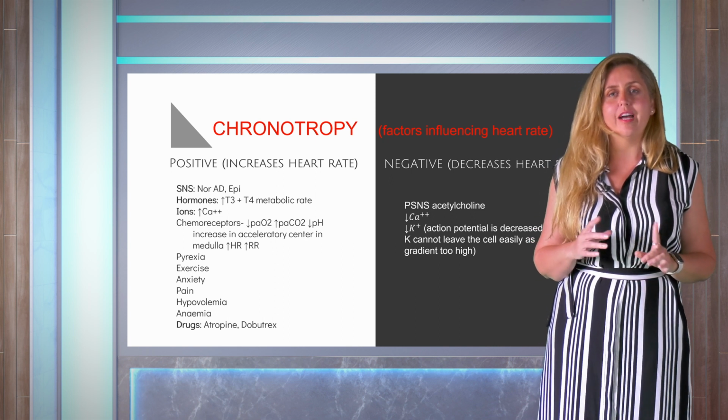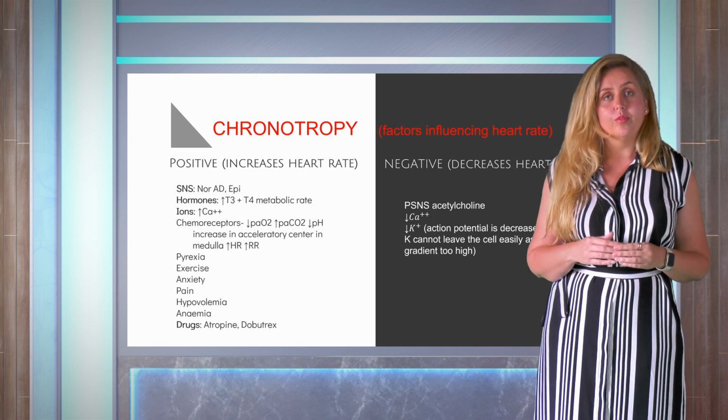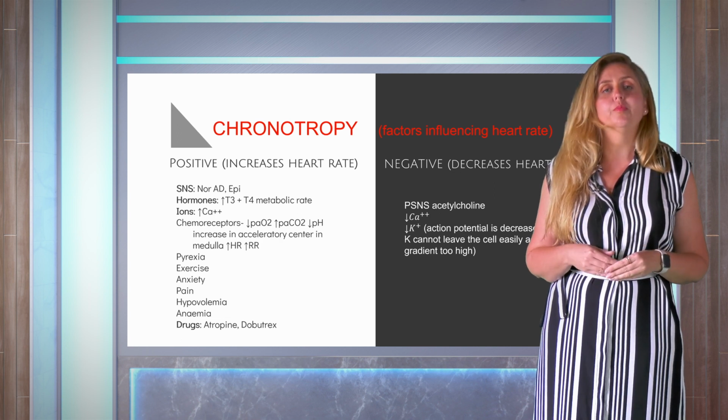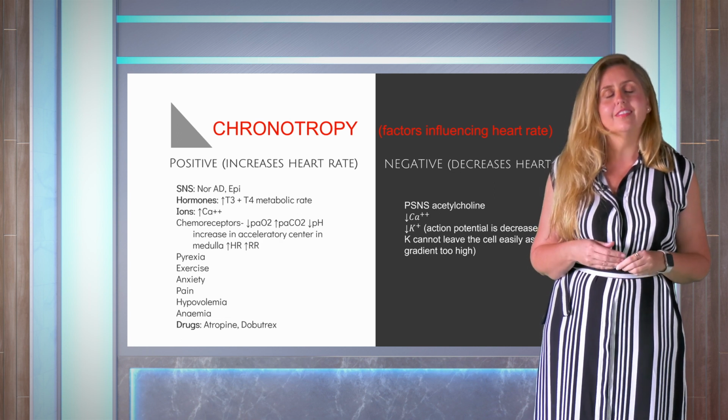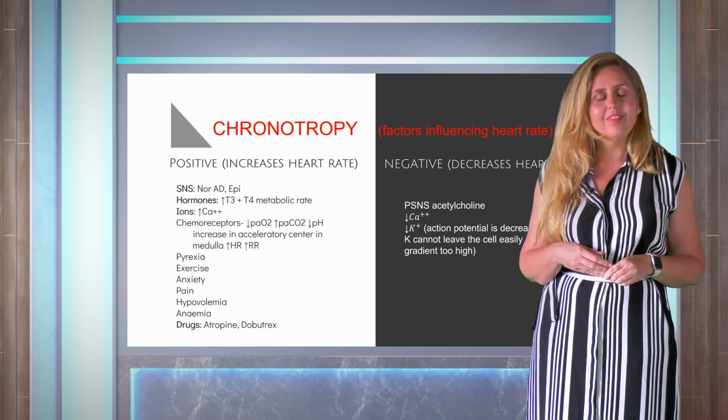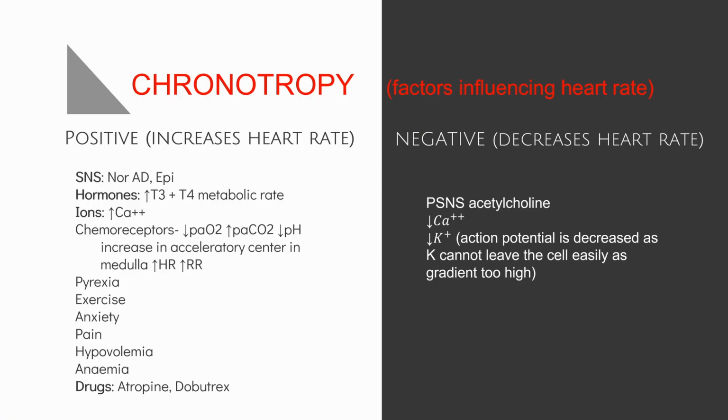So let's have a look now at the factors that will have a positive chronotropic effect, in other words, increase our heart rate. There are many factors that can do this, but some worth mentioning in this cardiac output setting: our sympathetic nervous system will secrete noradrenaline and epinephrine, which we call adrenaline.